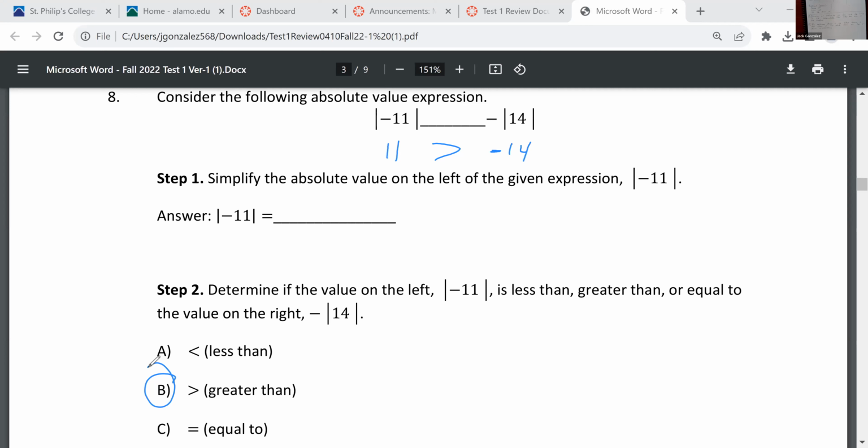Yeah, that's fine. The 14 is not negative. It's inside, right? Absolute value of -11 is greater than the negative absolute value of 14.